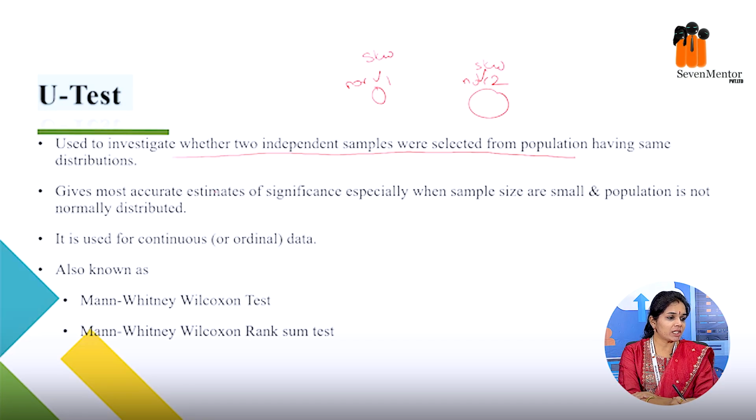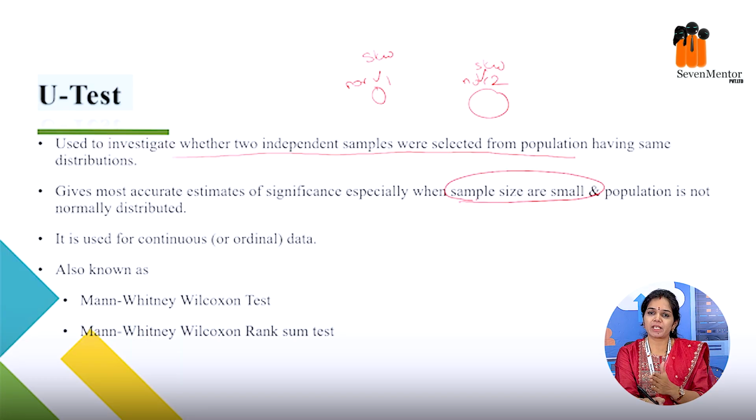It gives the most accurate estimate of significance, especially when sample sizes are small and the population is not normally distributed. See, these tests we are doing already come under non-parametric tests, correct? So here the population is not normally distributed, that we are sure about, right? But the U-test is applied where the sample size is small.